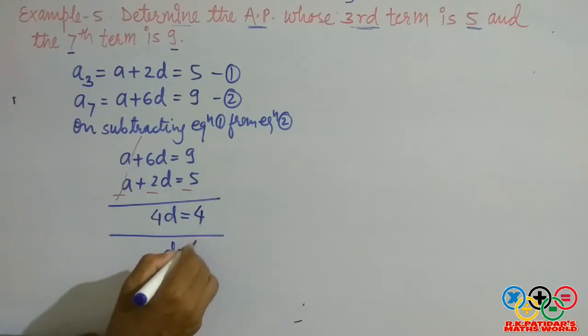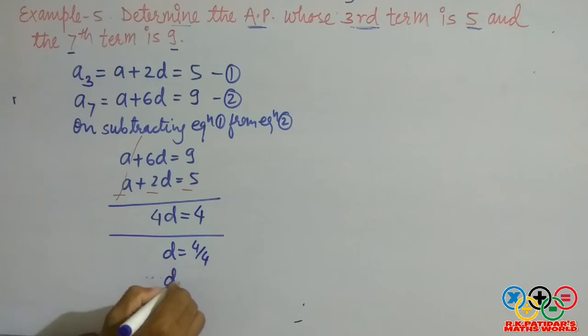So d is equal to what? 4 by 4, that is d is equal to 1. d आपके पास 1 मिल गया.